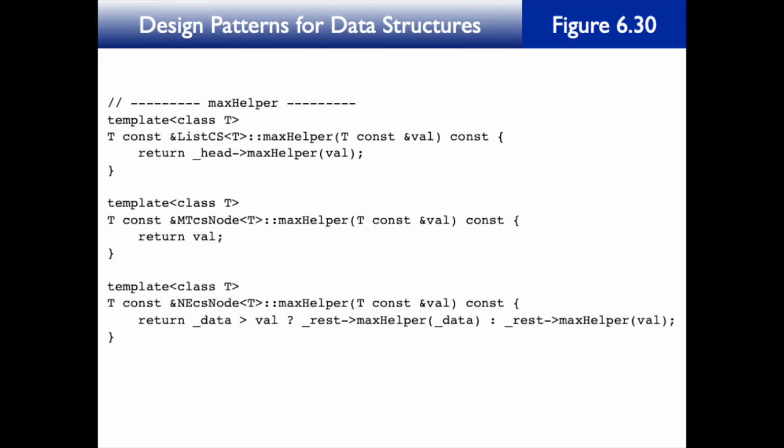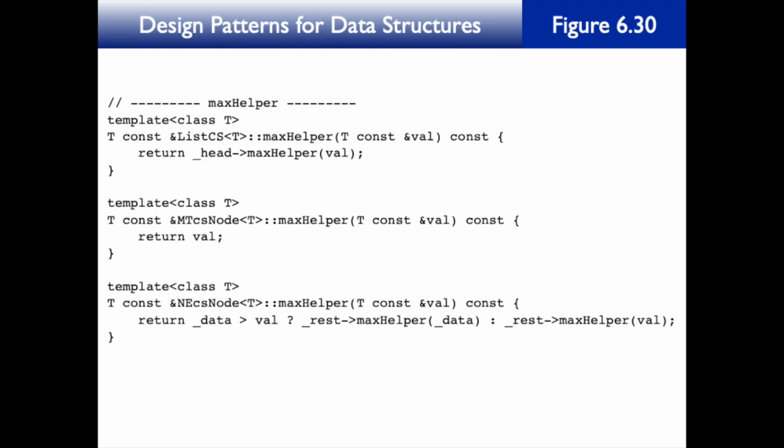We check if data is greater than val. If data is greater than val, we should return the maximum of data and the rest of the list. Otherwise, we want to return the maximum of val and the rest of the list.